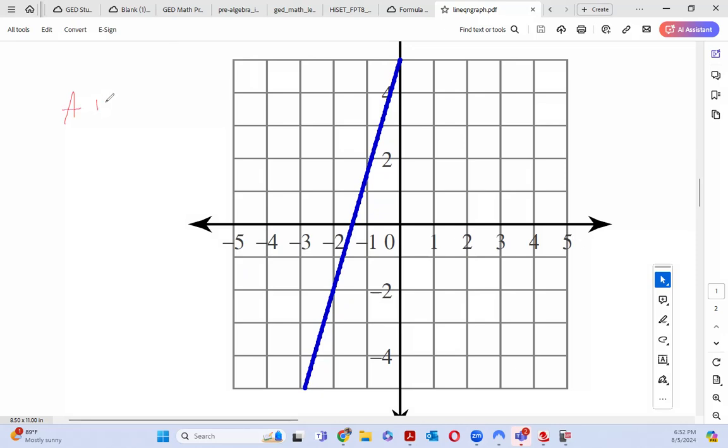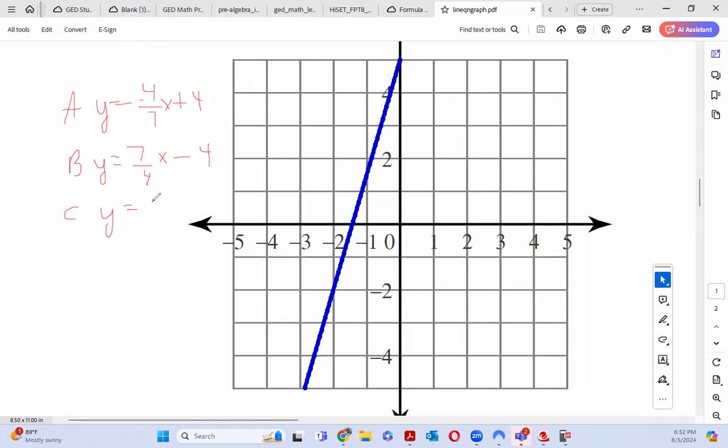They're going to say A is y equals -4/7 x plus 4. B is y equals 7/4 x minus 4.